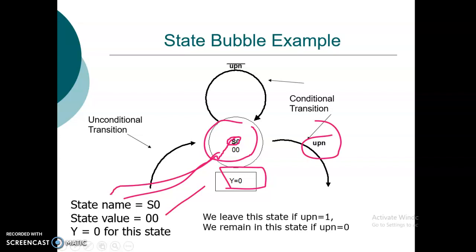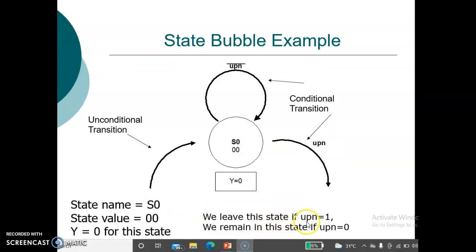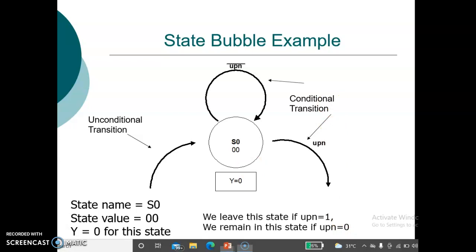And then state value 00. Y equals 0 for this state. We leave this state if UPN equals 1. If UPN equals 1, leave. We remain in this state if UPN equals 0. Here UPN is 0, remain in the state. If this is 1, then leave this state.